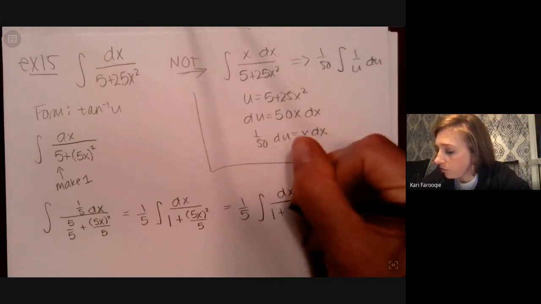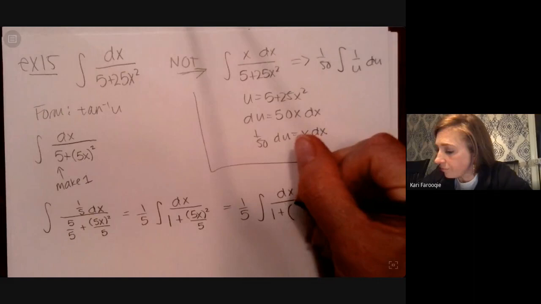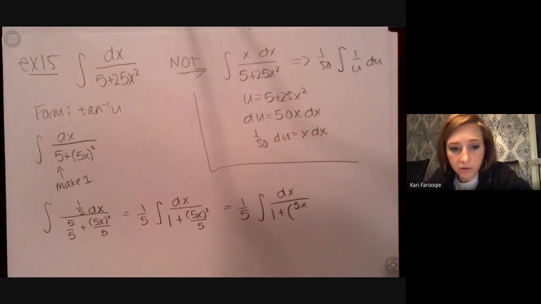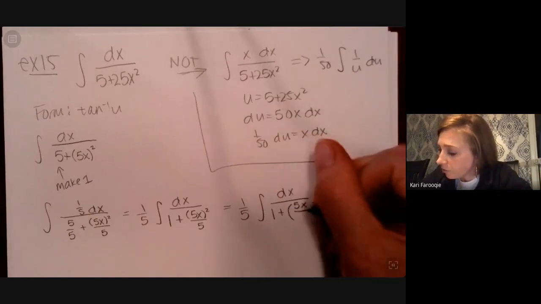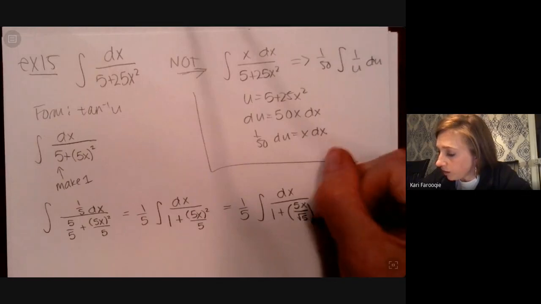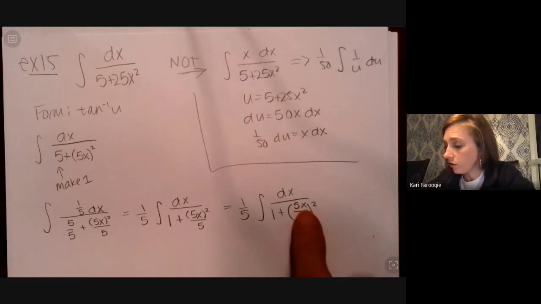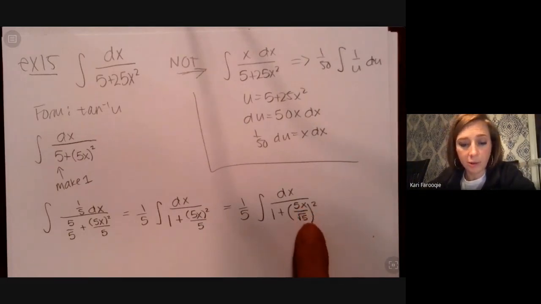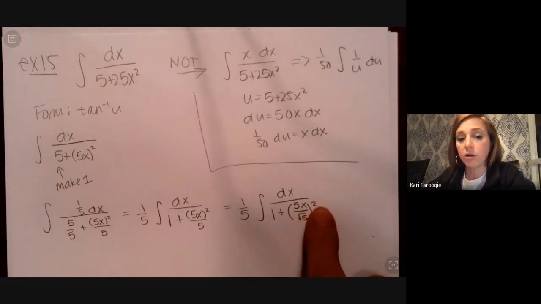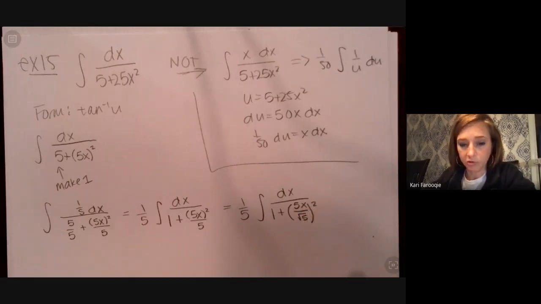So the 5x is being squared, and I'm dividing it by the square root of 5. So nothing has changed. I still have a 5x being squared, but now I also have the square root of 5 being squared. The purpose of this is I just need to have this entire quantity being squared so that I can write my u substitution.